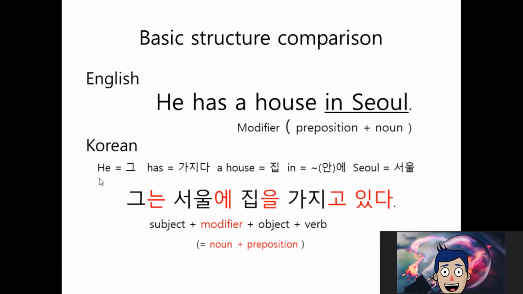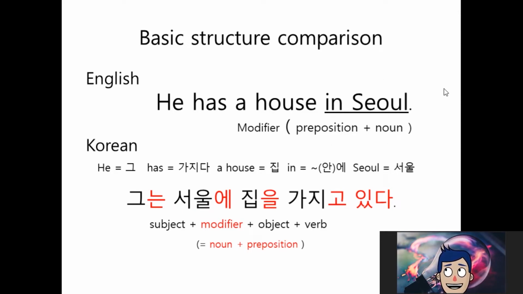First, let's translate English words into Korean words briefly. He is 그, has is 가지다, a house is 집, and in is 에 or 안에, and Seoul is 서울. Okay? Now let's focus this part.